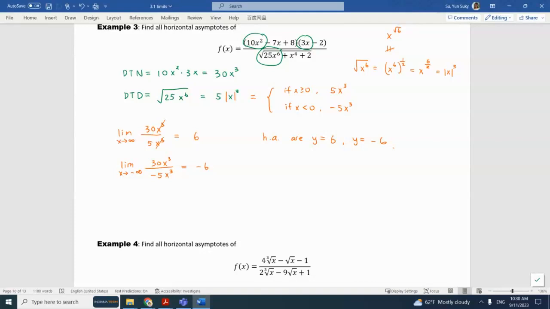What is the Jonathan term? Yes, very good. Which one is it?